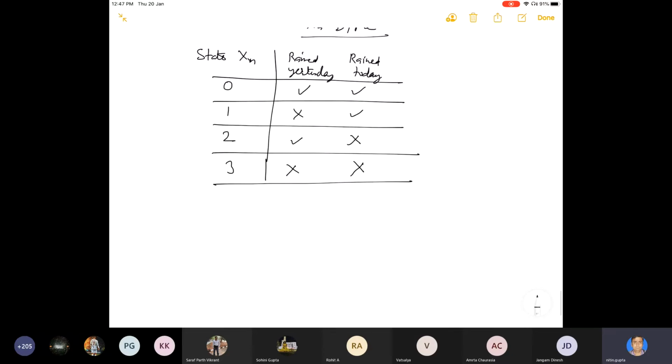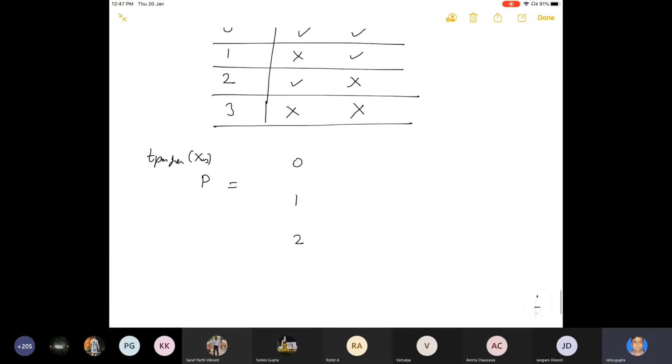Now, what is the TPM for Xn? States are 0, 1, 2, 3, and the final states are also 0, 1, 2, 3.